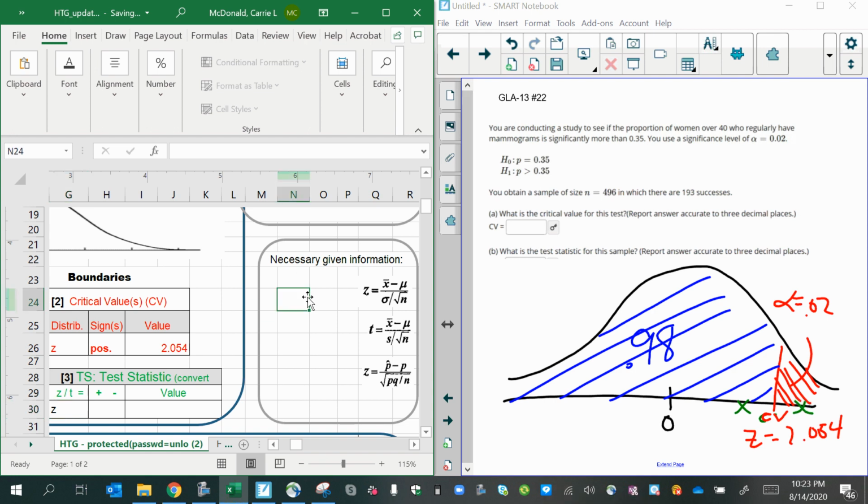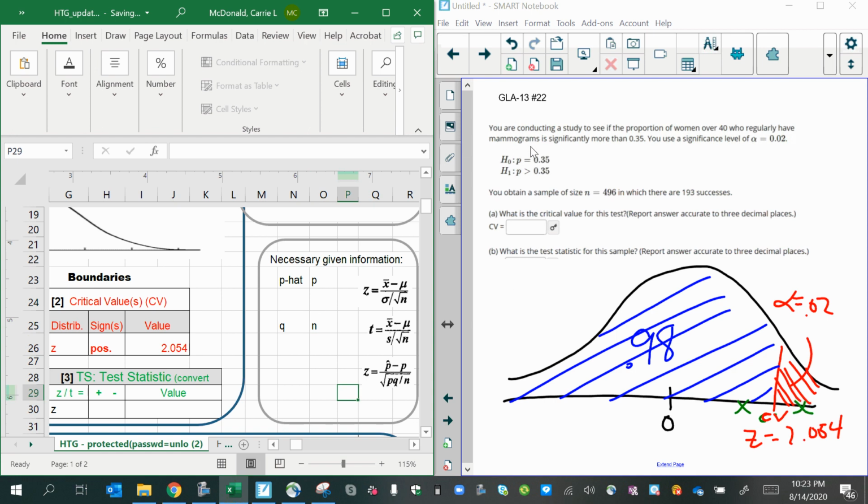I need p hat. That's my sample proportion, p hat. I need p. I need q. And I need n. So let's see if we can find all those bits of information in the problem.